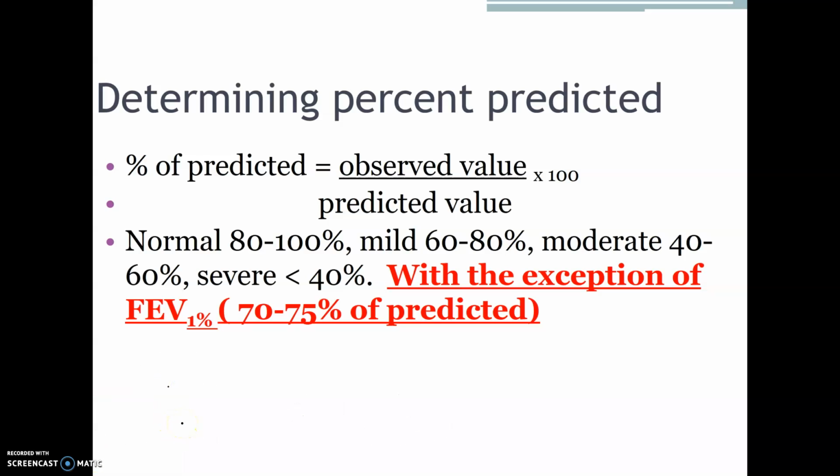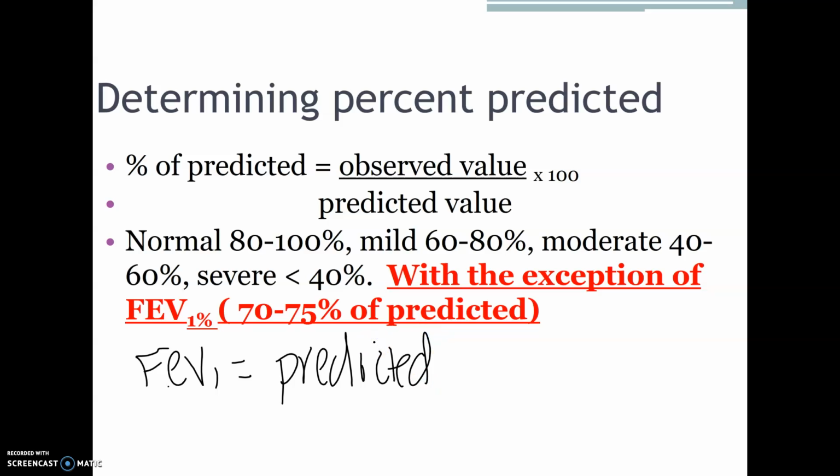But let's say we have an FEV1, we have a predicted value, which again, based on the patient's age, gender, and height, is going to give them a predicted FEV1. And then let's say that is 3.24 liters. And their actual value, when they did the PFT, they achieved 2.43 liters.